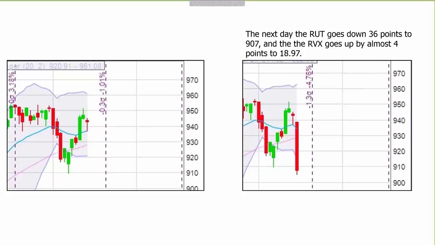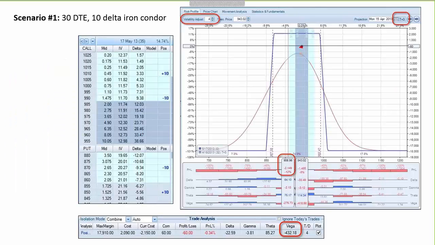So, first scenario, 30 DTE 10 delta iron condor, right? That's what it looks like. If we then basically say, change the vol by 4 points, and move down by the amount of points that we know will actually occur, what does the software say? And by the way, again, not knocking any software, all software will say the same, roughly.